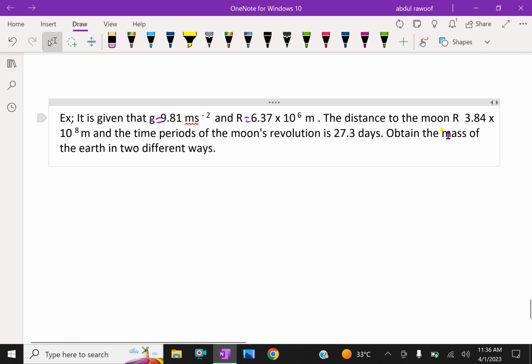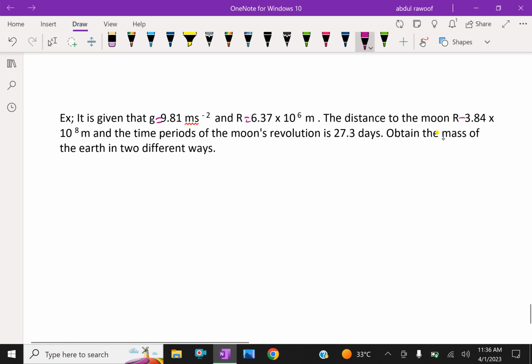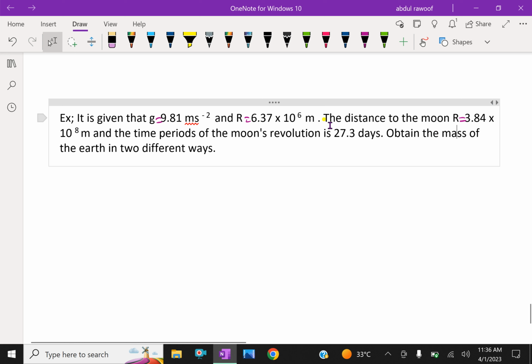The distance to the moon R equals 3.84 into 10 raised to 8 meter, and the time period of the moon's revolution is 27.3 days. Obtain the mass of the Earth in two different ways.